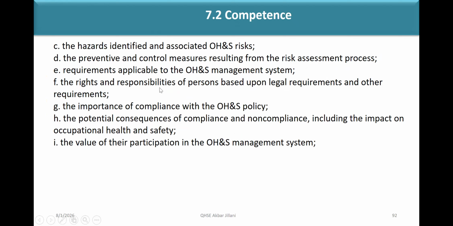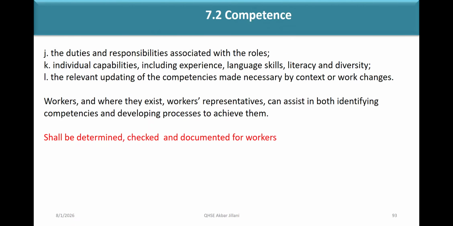F, the rights and responsibilities of persons based upon legal requirements and other requirements. G, the importance of compliance with the OHS policy. H, the potential consequences of compliance and non-compliance, including the impact on occupational health and safety. I, the value of their participation in the OHS management system.